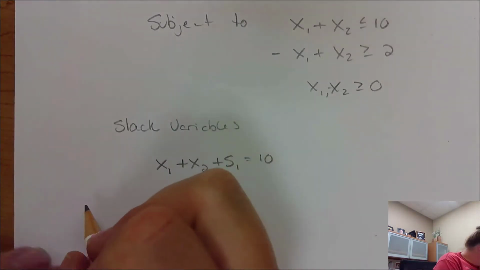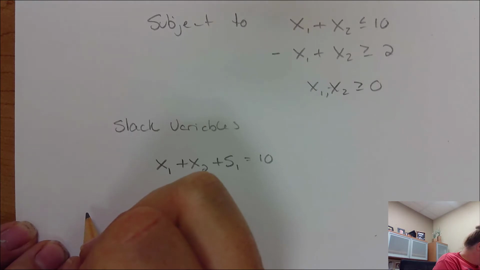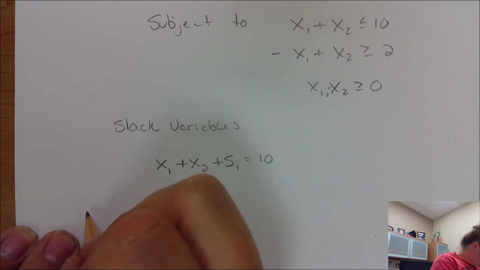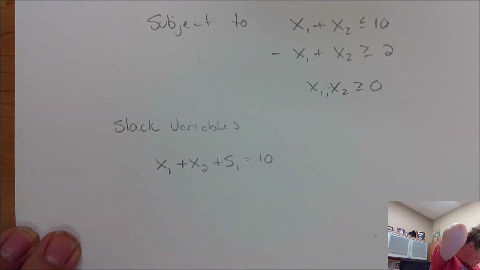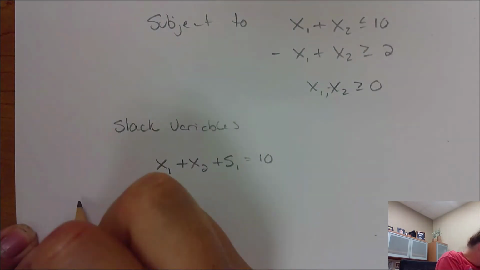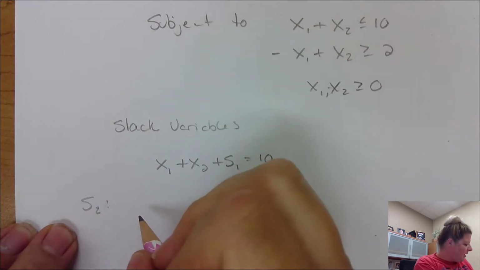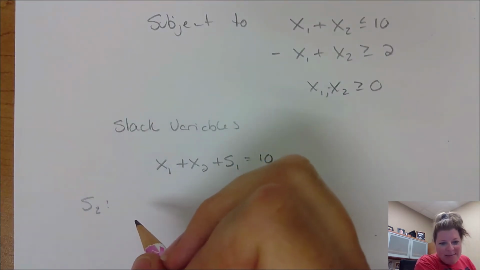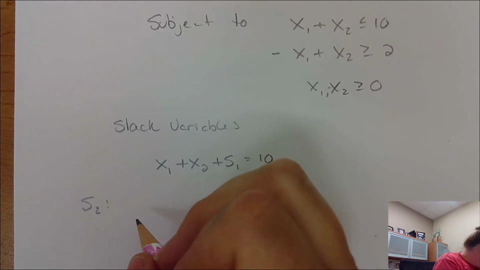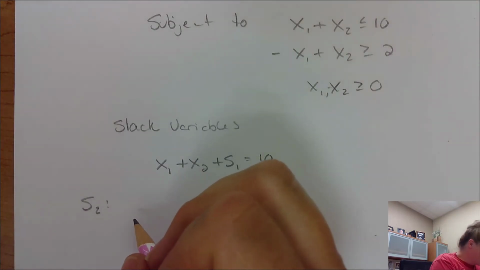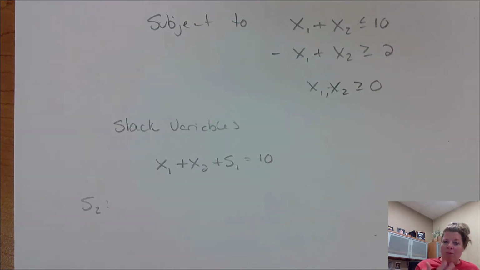So S2 is a surplus variable. Basically, it's going to become a negative S2, because the left side will exceed the right side because it's greater.